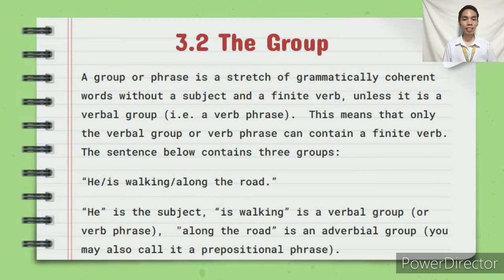And then here, the sentence below contains three groups, so let's identify these three. First, he is walking along the road. So this sentence has three groups. First, we have he, it is the subject. Is walking is a verbal group with the verb walking or verb phrase, and then along the road is an adverbial or the prepositional phrase with the preposition along.